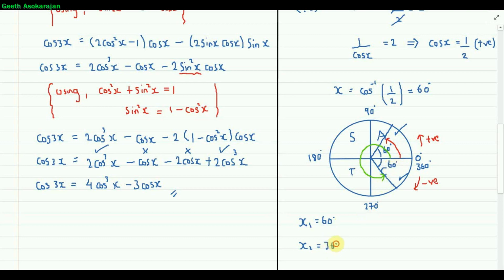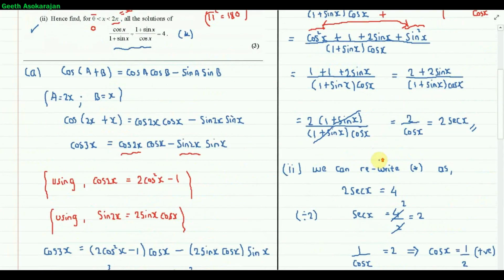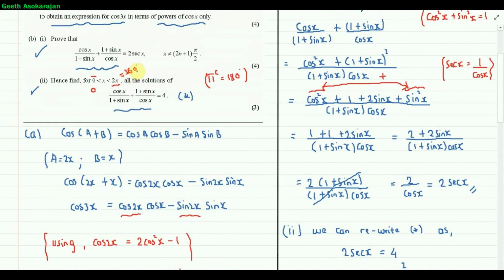So it's 360 minus 60, that being 300 degrees. Now, we're unable to calculate more because an additional angle goes beyond this range. One more would be another revolution plus 60, so 360 plus 60 is 420, and as you can see, it goes beyond our range of 360.